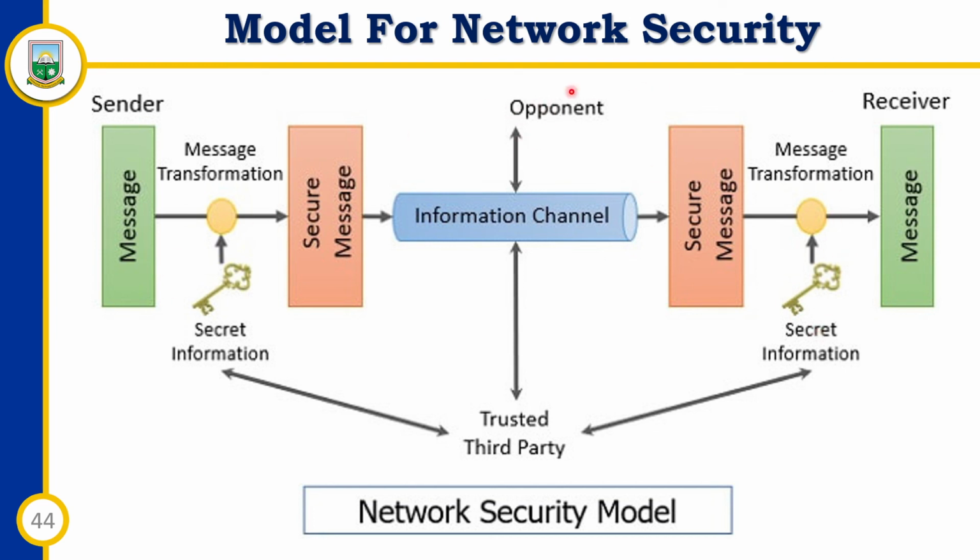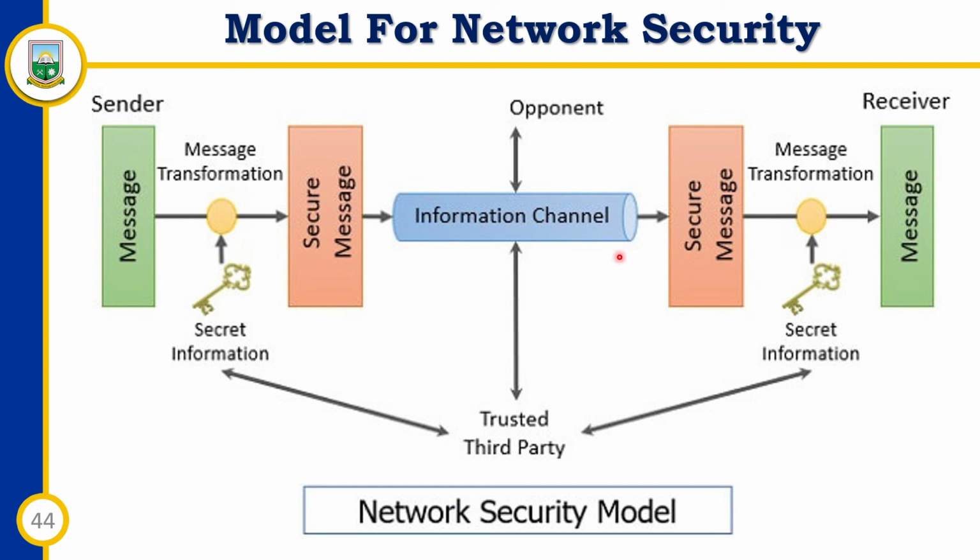In this example, an encryption key is used in conjunction with the transformation to scramble the message being sent by the sender, and before use it is encrypted or decrypted by the receiver on the other end of the communication channel. So this is how it looks.